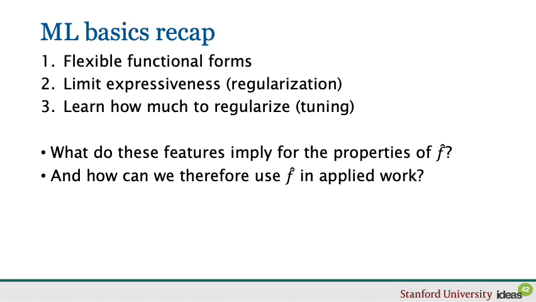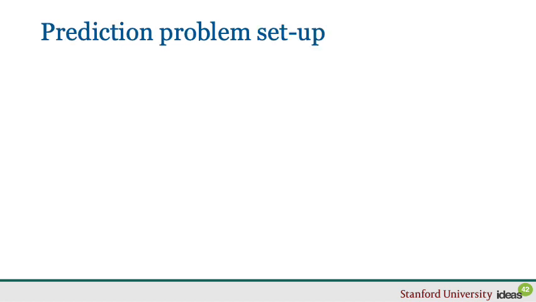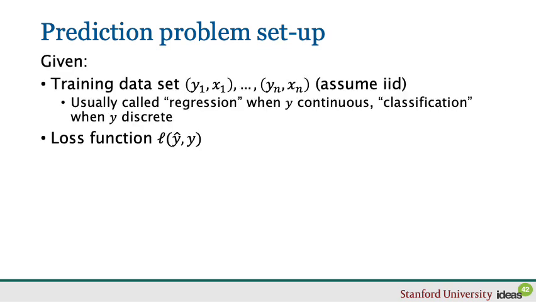To remind ourselves, here is the basic setup that we studied machine learning in. We considered specifically supervised learning or prediction, where we are given a data set, which is the training data set, of some outcome variables y and some covariates x, as well as a loss function.